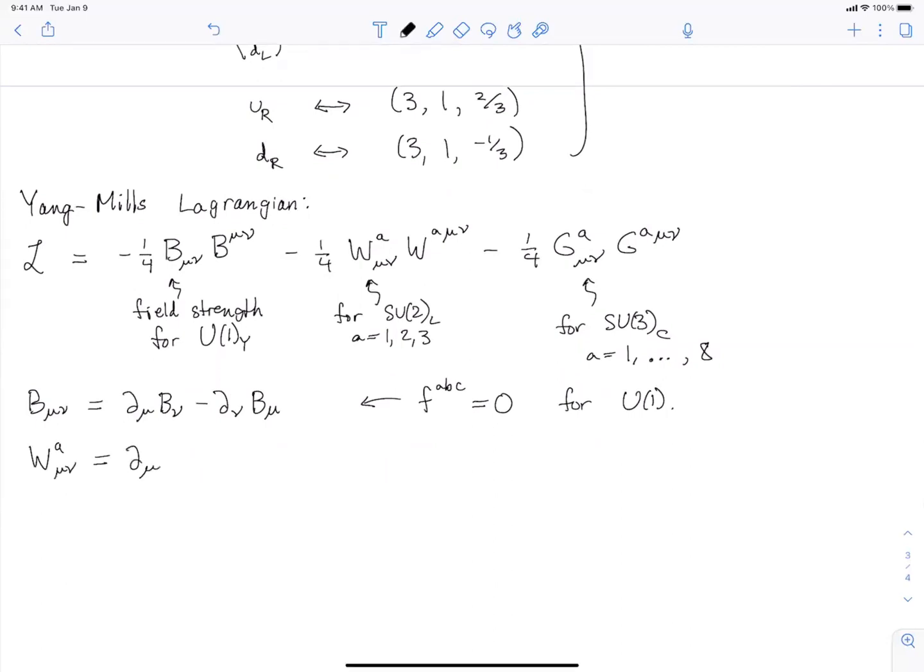they look very similar. Again, I'm using the same symbol for the field strength and the vector potential with one less index. But now there's an extra term which looks like this.